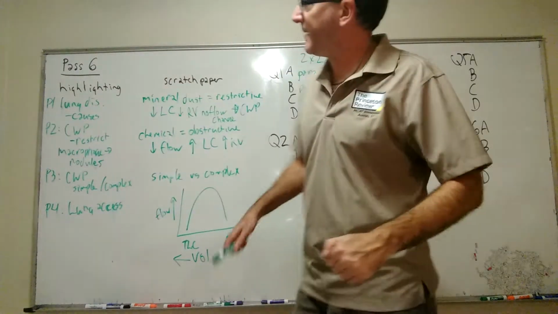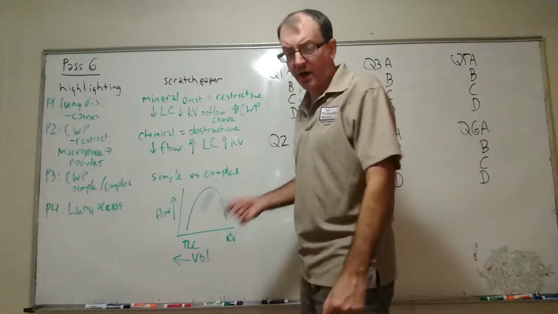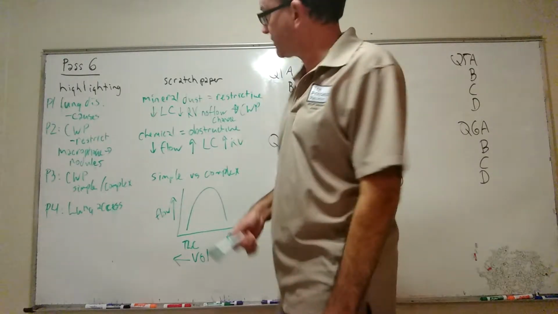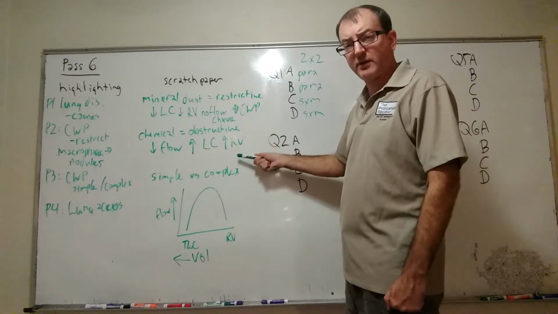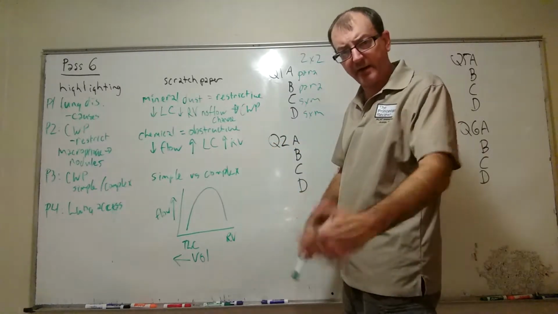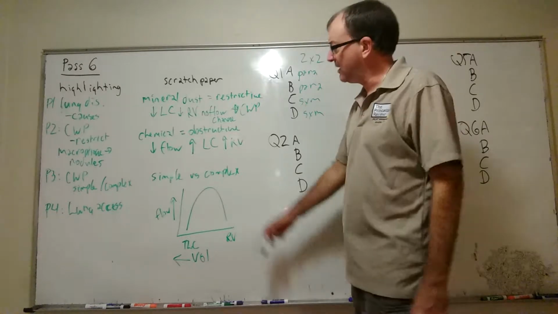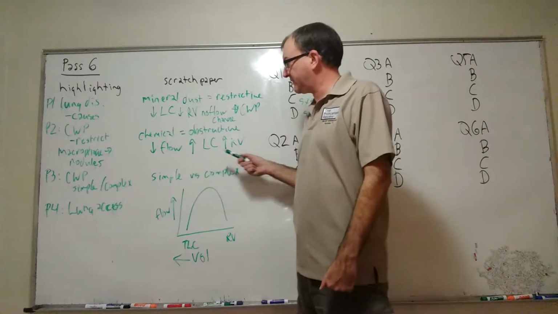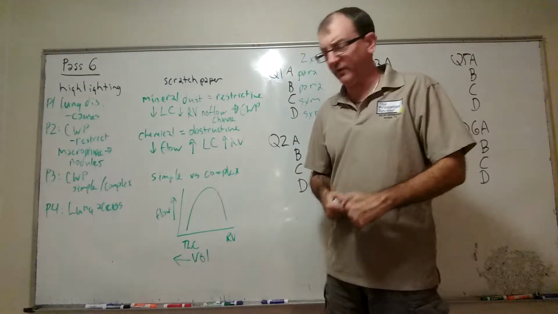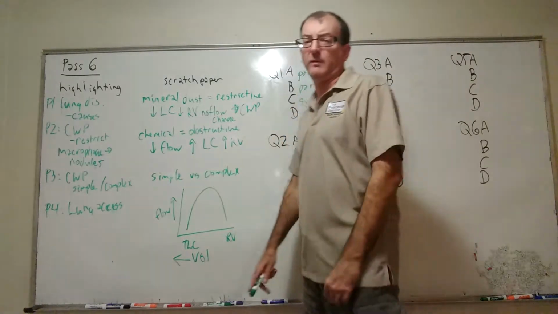Well, if we go back into our passage, they told us that occupational asthma was going to be a chemical or obstructive type of disease. Think chemicals, right? Occupational asthma. And you're seeing a decreased flow. So a decreased flow, increased lung capacity, and residual volume. So the flow is kind of the problem here.